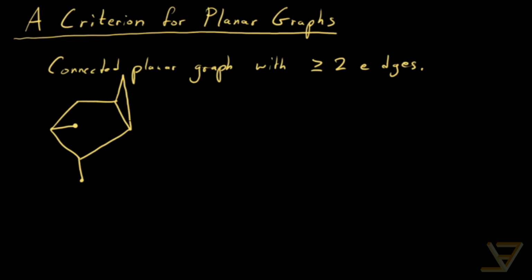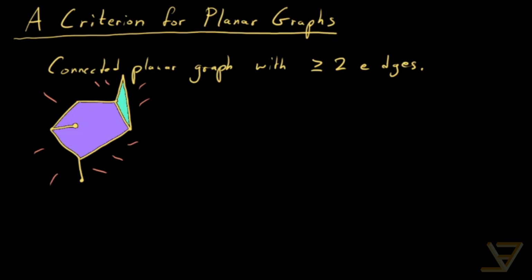So we've got a few components here. What I want to first show or define is that we have faces. So we have one face here, and we have another face here, and we also have on the outside the unbounded face. So we have 3 faces here.